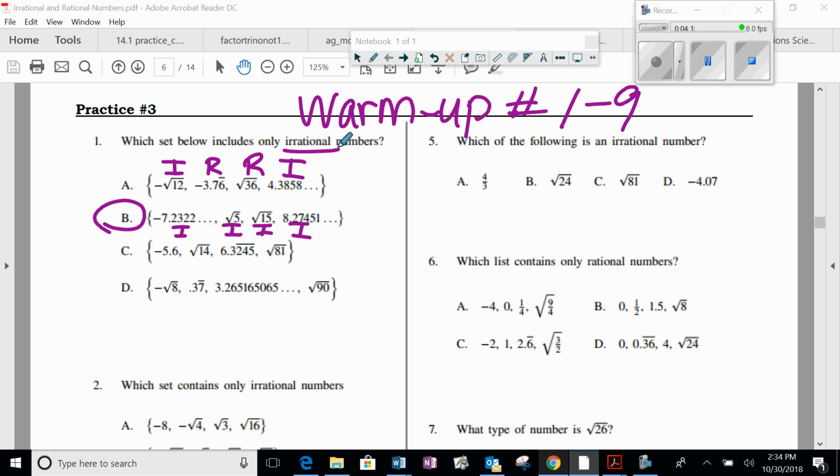Okay? If we look at C, there's only a rational number because it's a terminating decimal. Negative 5.6 stops. It doesn't have the dots, so it stops, which means it's rational. Square root of 14 is irrational. 6.3245 repeating is rational because it's repeating.